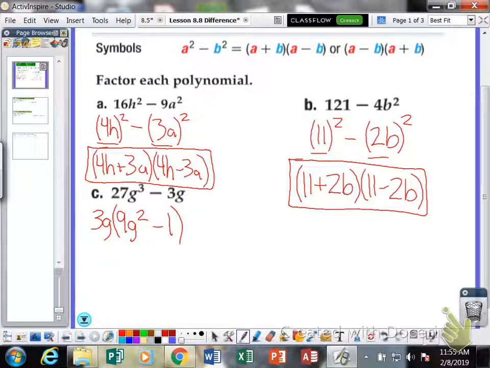Now notice, what is in parentheses, I can write those both as a perfect square. So we're going to keep what's on the outside, I have 3g. And in my bracket, in my parentheses, I can rewrite 9g squared as 3g squared minus 1. I can just write it as 1 squared, because 1 squared is just 1.